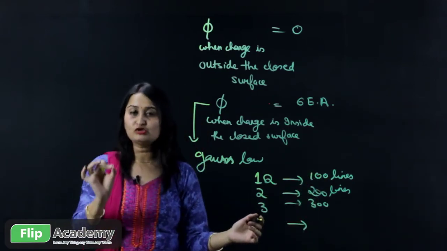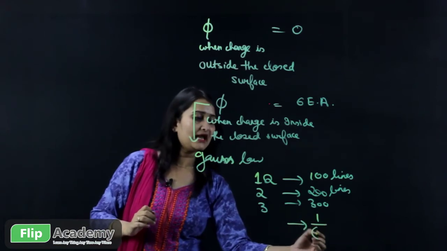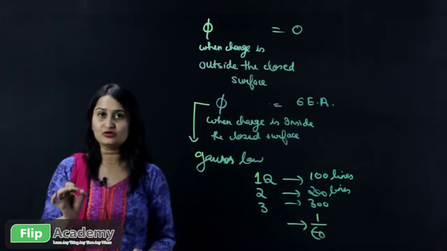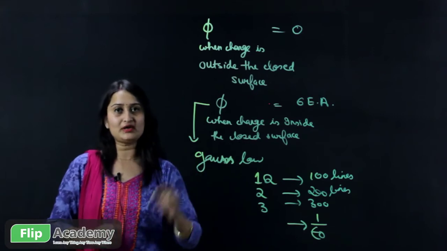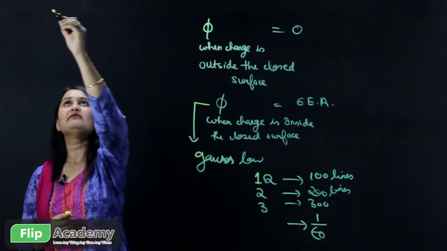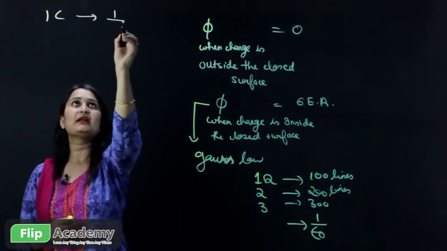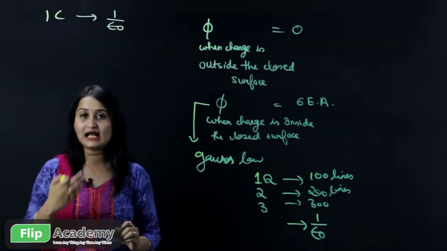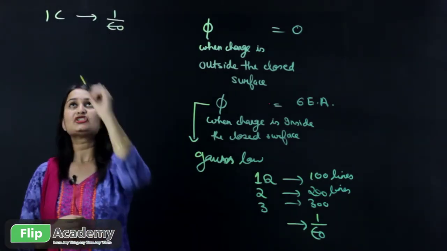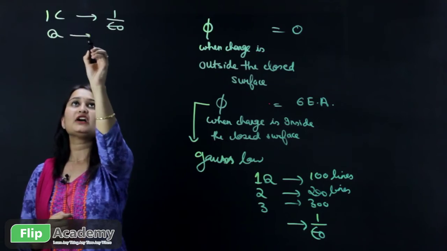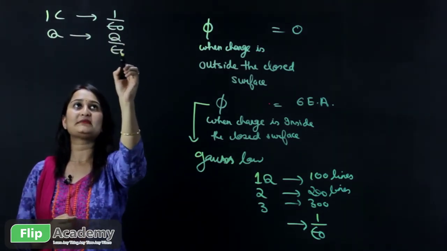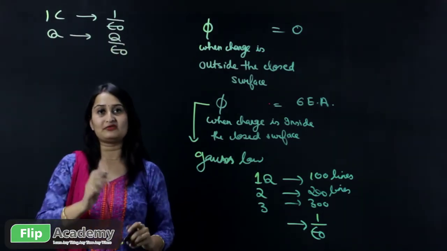No, actually it produces 1 by epsilon naught electric field lines. So according to his statement, 1 coulomb of charge produces 1 by epsilon naught times the electric field lines, so Q coulomb of charge produces Q upon epsilon naught times the electric field lines.